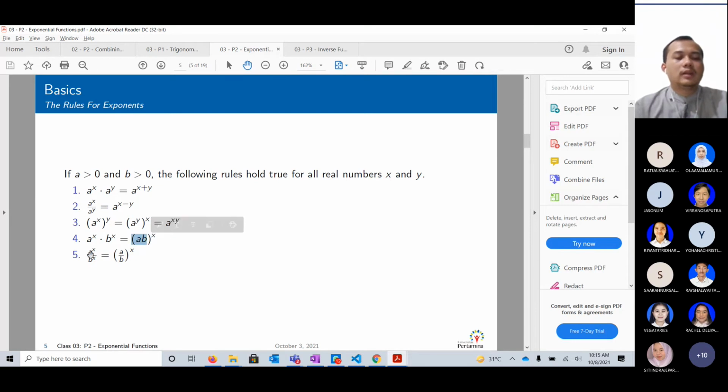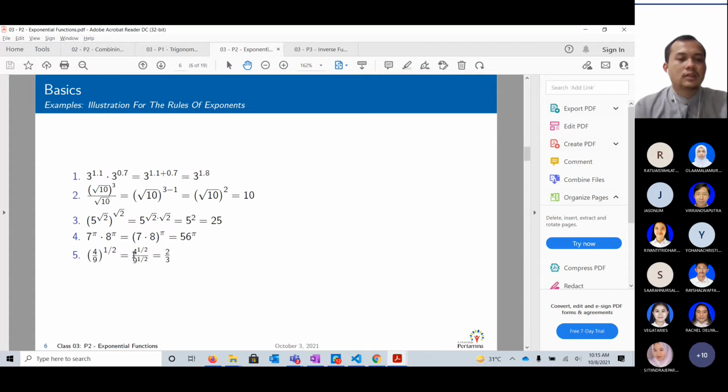And if we have the quotient, we also have this rule. Let's take a look at this illustration. For the first one, we have the same base, 3, but different powers. The first one is power 1.1, and the second one is 0.7.